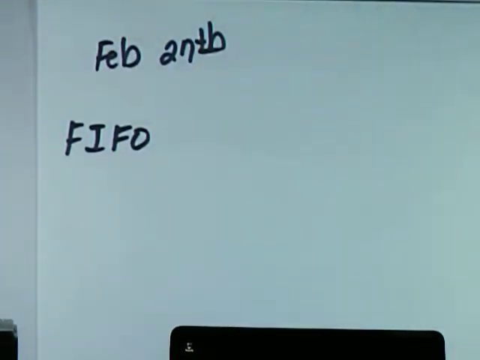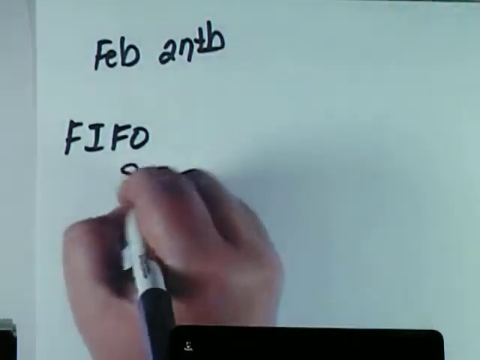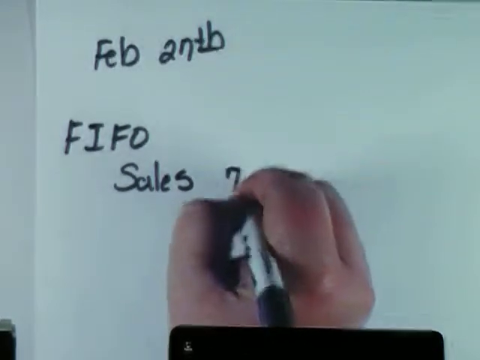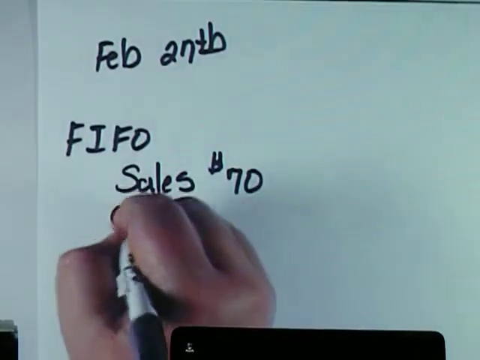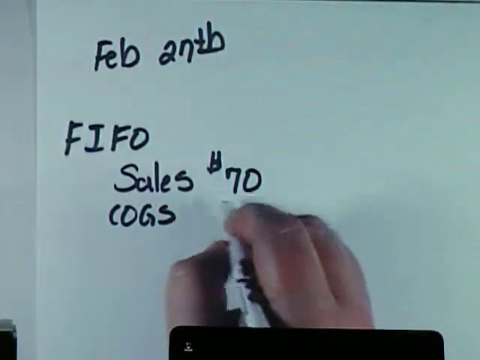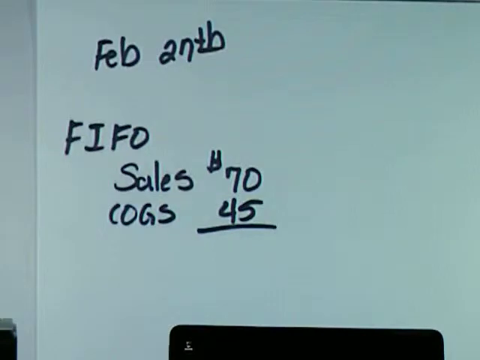And with this one, we're selling each unit. Our sales are $70. And if I'm going to sell the first unit I bought, my cost of goods sold is now $45, leaving me with a gross profit of $25.